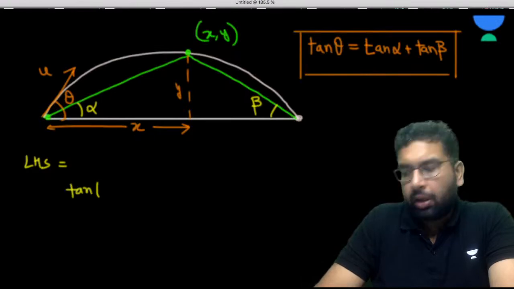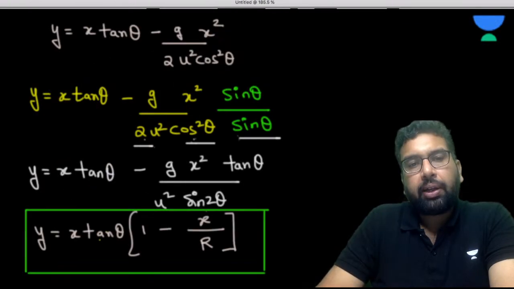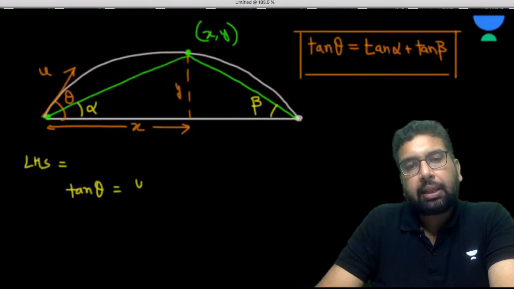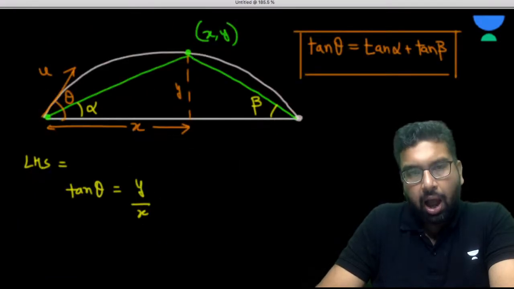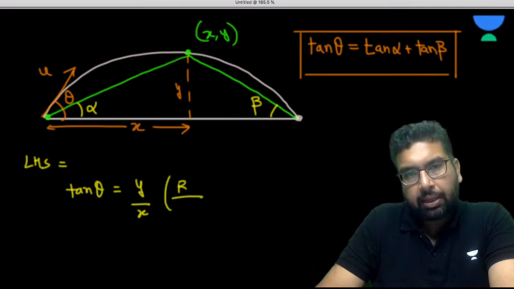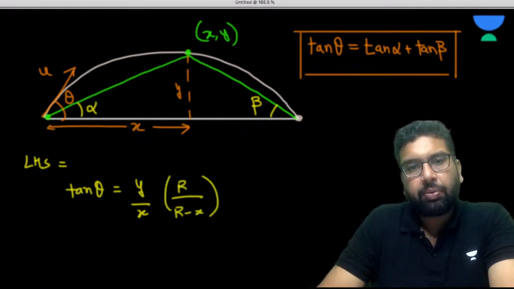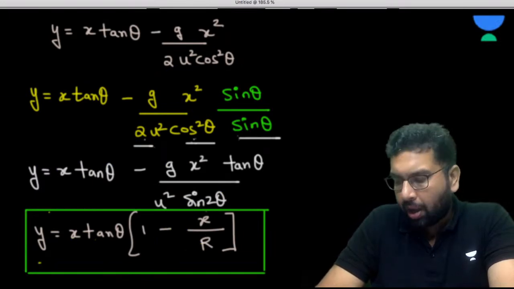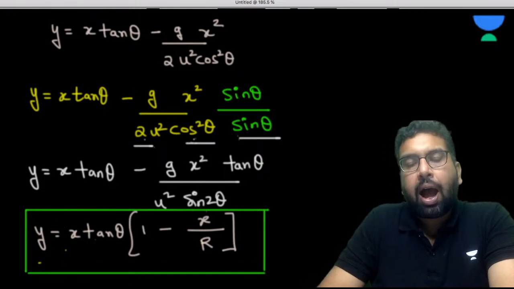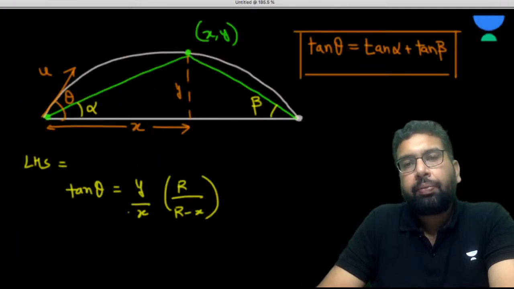From this equation we can write this is y by x, and if I take the LCM, it will become r minus x, so it will become r upon r minus x. From the equation of the trajectory, tan theta will become y by x times r upon r minus x, so r will go in the numerator and r minus x will come in the denominator.